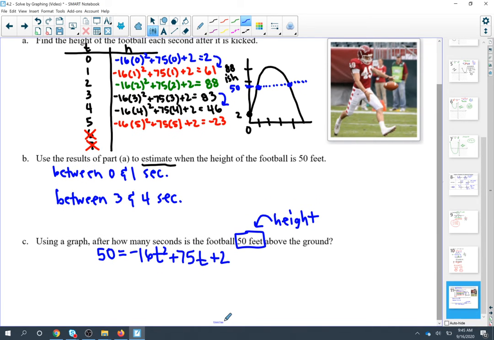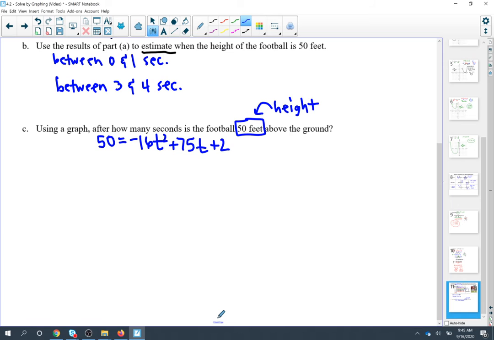Now, in order to solve that, I have a couple options, but I'm going to stick with the idea of making this equal to 0, which is going to give me 0 equals negative 16 t squared plus 75 t minus 48. Now, once I have it equal to 0, I could factor it, but honestly, these are huge numbers and I don't want to factor it.